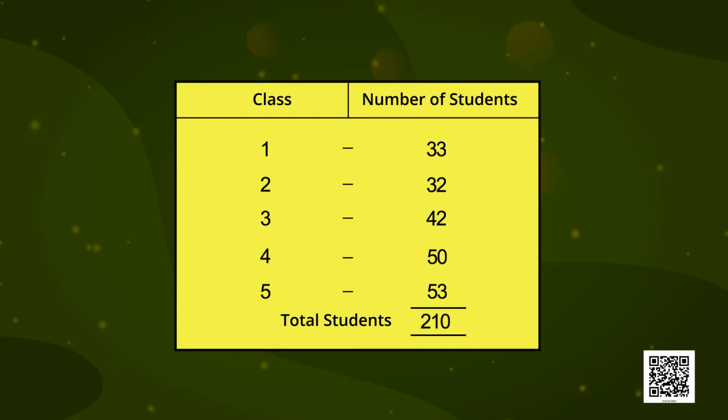So how many students do we get? 210. So students, now we get to know that 210 students are going on the picnic. I hope many of you might have got the same answer.